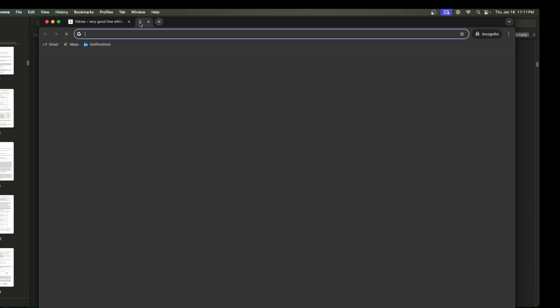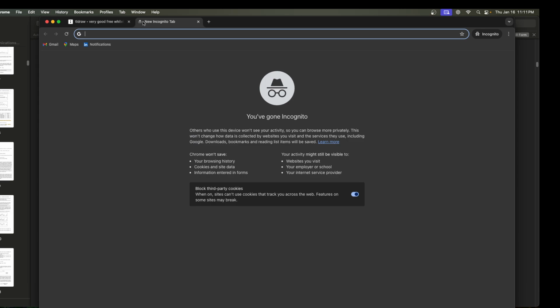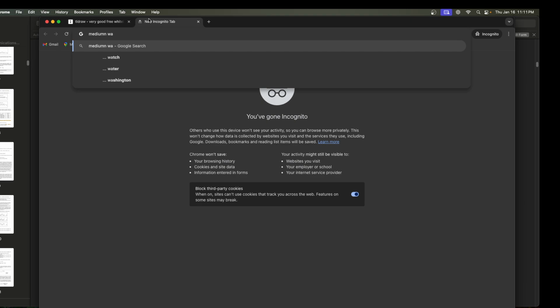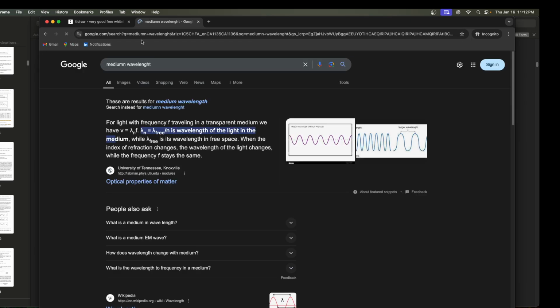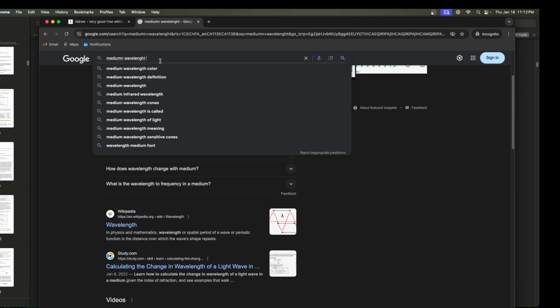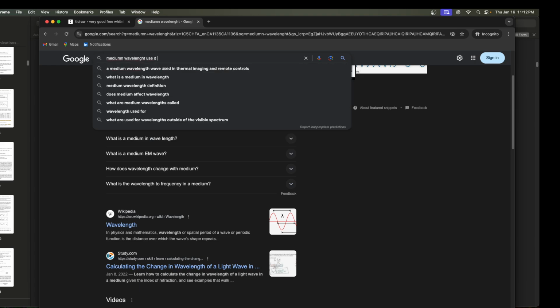Different media have different wavelengths, right? Medium, wavelengths, not optical fiber. Yes.